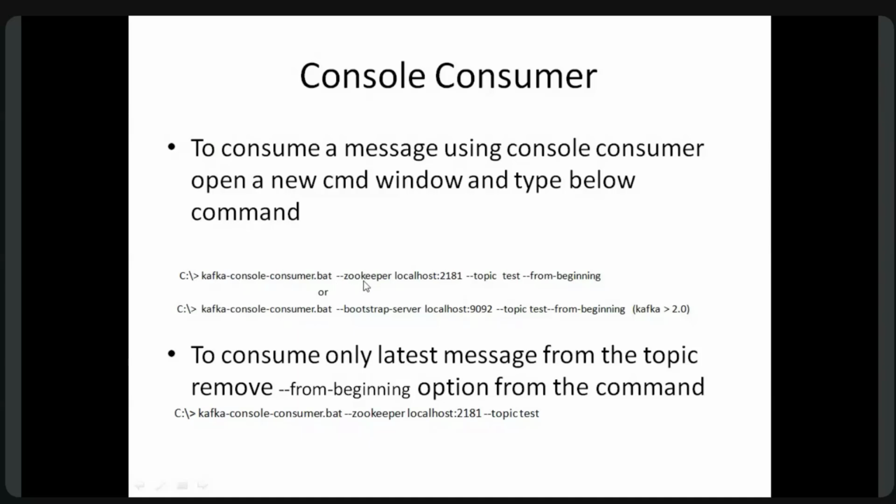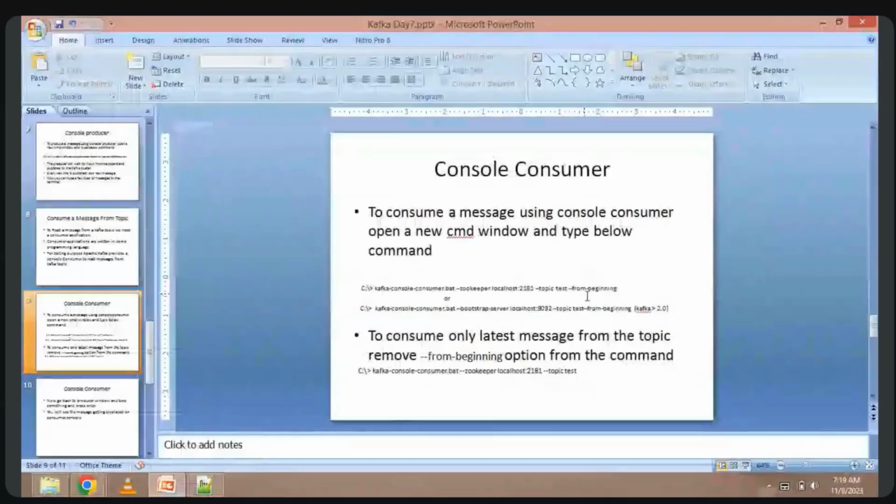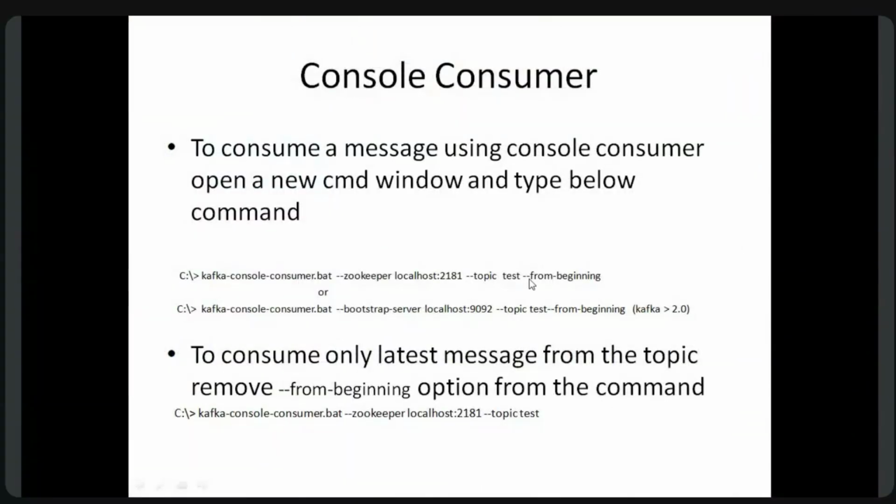It is very simple. To consume any message, you have to run this command, kafka-console-consumer.bat, and then you have to give this path, and you have to give the topic name, and in the end you have to specify this option, from beginning.